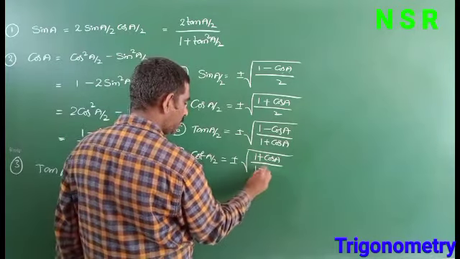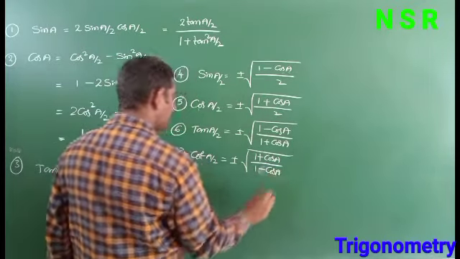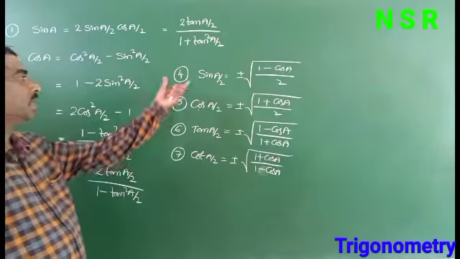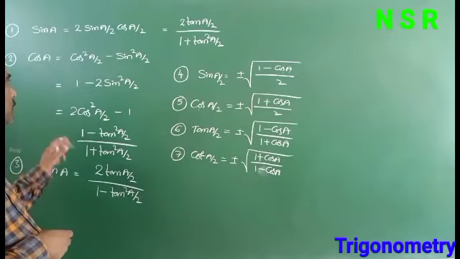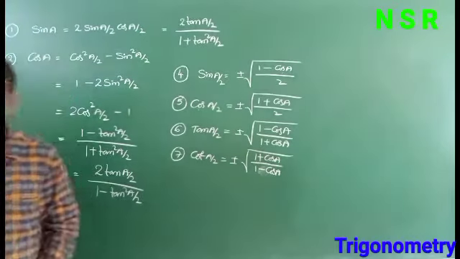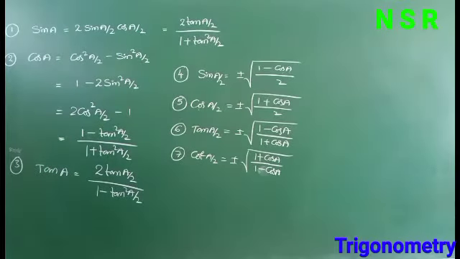So these are sin A/2, cos A/2, tan A/2 and cot A/2, the submultiples of trigonometric ratios.